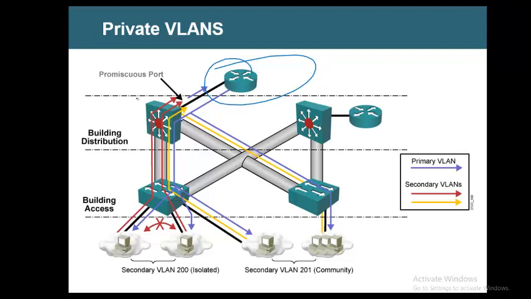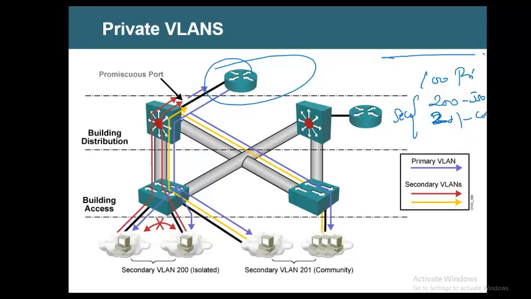All right, the configuration is looking a little complicated, but it is not complicated if you understand the logic. As I said, VLAN 100, let's say primary, and VLAN 200, VLAN 201 are secondary VLANs, in which 200 is isolate and 201 is community.